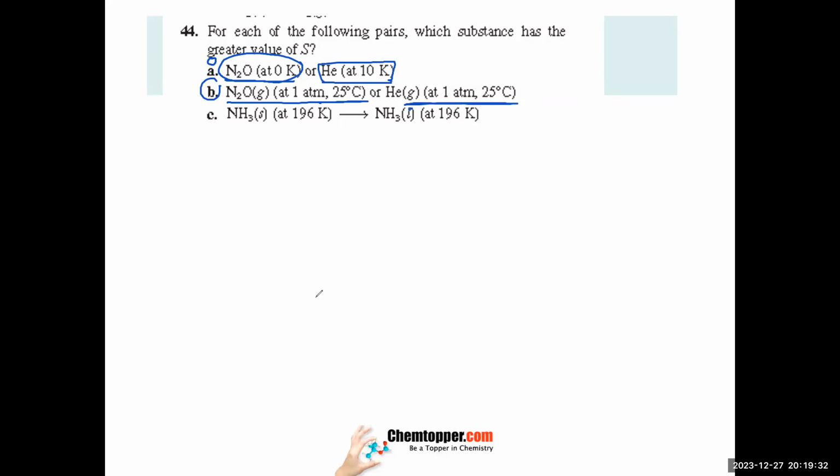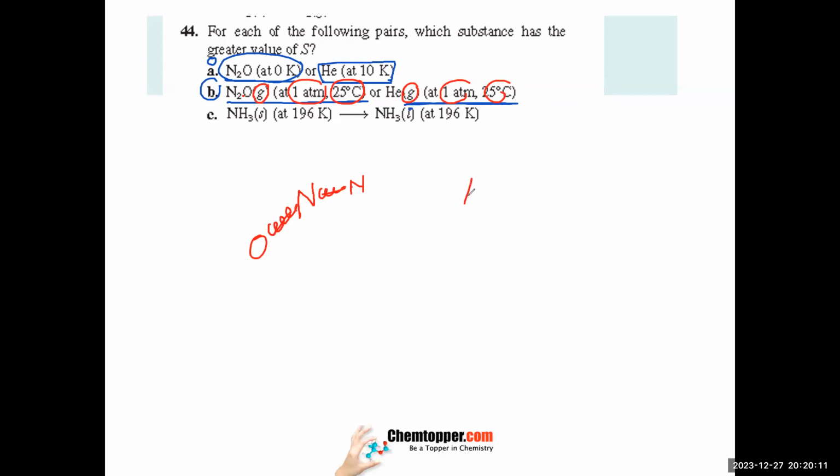Now, this is a different question, children. You cannot answer this. So I have to explain a few more things, then you can answer this question. Right now, if you see, temperature is same, pressure is same, everything is same. It's a gas, it's a gas. How to compare their entropies? The bonds. In N2O, there is a bond between nitrogen and oxygen. These bonds can vibrate. Chemical bonds vibrate.